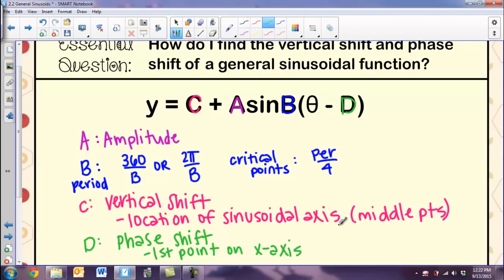So if it is a cosine graph, it'll be where your first high point is. If it's a sine graph, it'll tell you where your first middle point is. So really, these two pieces of information are just those horizontal and vertical shifts from Algebra 2. And so let's get some practice doing these.